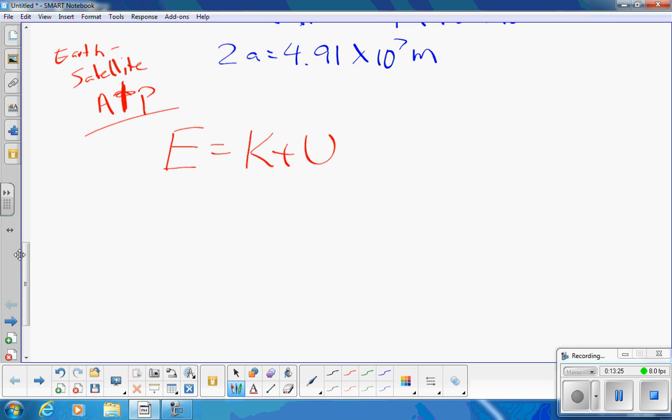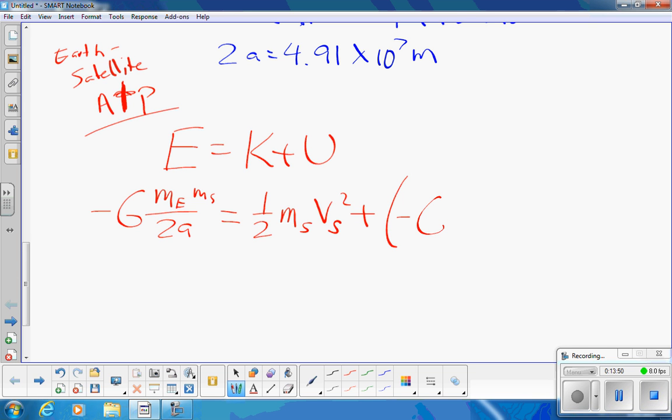Okay, the total energy E is negative G, mass of Earth, mass of satellite, over 2A, and we found 2A, we have that value up above, equals kinetic, which is 1/2 mass of satellite V of satellite squared, remembering that the Earth isn't moving, because we're looking at it from that frame of reference, and its mass is infinite, plus potential energy, the two-particle system, which is just negative G, mass of Earth, mass of satellite, over R, where this is the distance between them at this particular position.